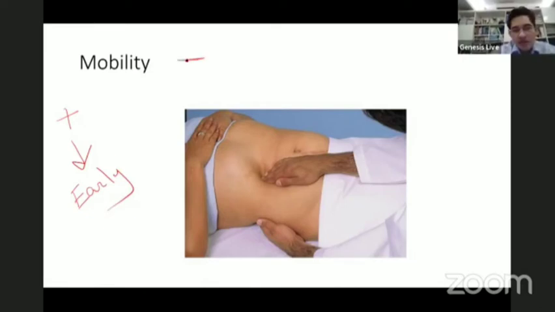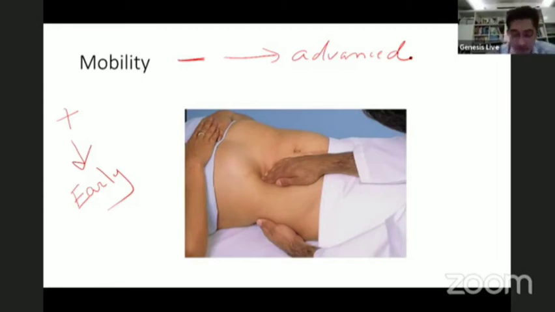If it is negative, that means an advanced malignancy. Okay, so a malignant mass would be hard in consistency and most likely fixed. But in an early case, there may be some mobility.